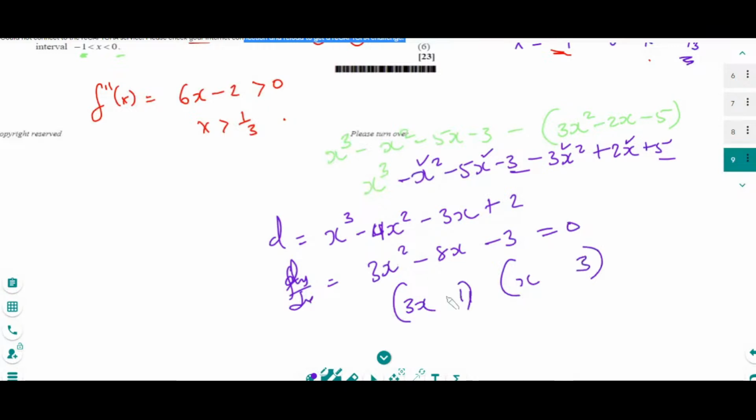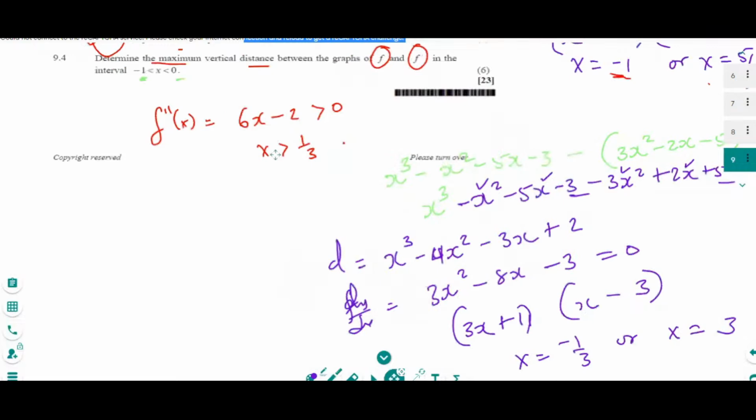Can have this as a plus and a minus, which means x is negative 1 over 3 or x is a positive 3. So it's between 2 points that we shall have a maximum. But the question was telling us the limit is between negative 1 and 0. So this positive 3 is not applicable, so we shall use this.